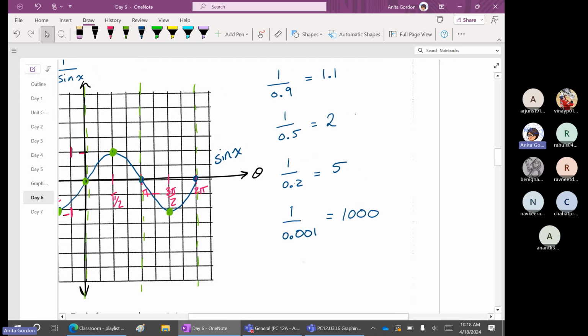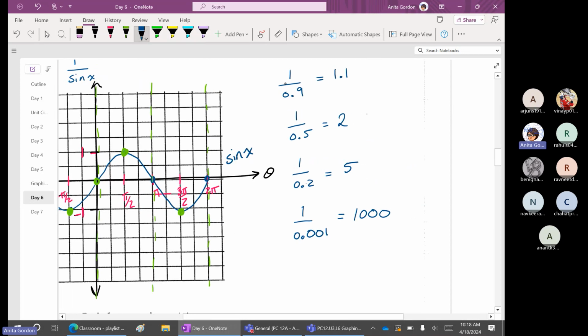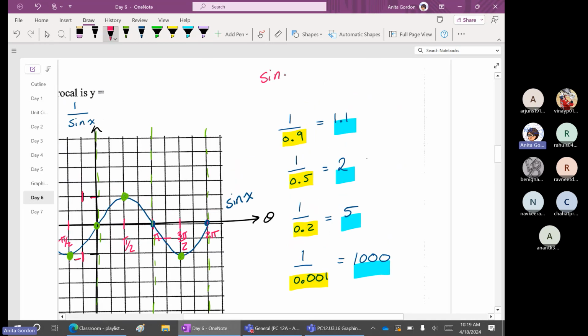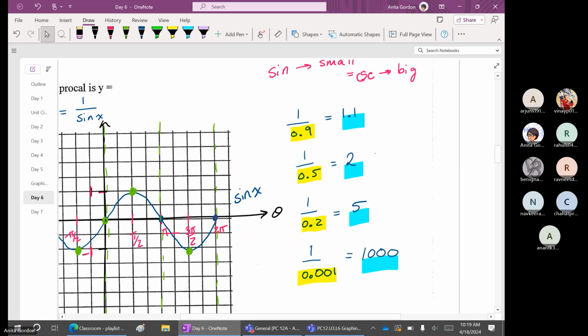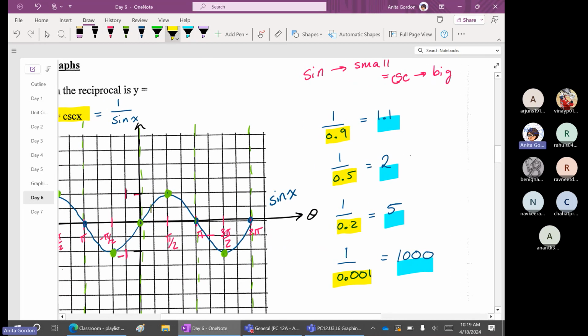Okay, so this is telling me as sine gets smaller and smaller, what is happening to cosecant? Okay, so sine goes small, cosecant goes big. Now let's go to our graph. As sine gets smaller and smaller, cosecant is going to get bigger and bigger.